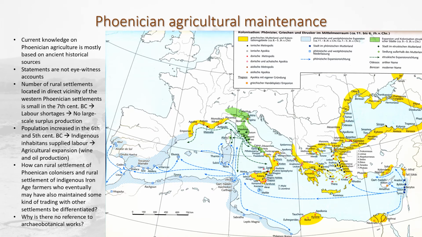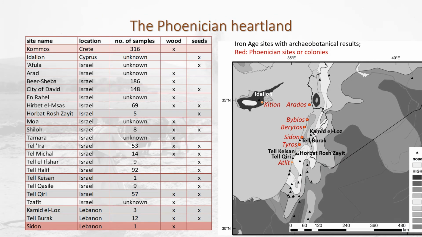This is related to the fact that it is often unclear whether rural settlements were of Phoenician colonizers or of indigenous Iron Age farmers who eventually may have also maintained some kind of trading with other settlements. Although archaeologists discuss Phoenician trade of wine and olive oil, they hardly ever refer to any of the existing archaeobotanical works.